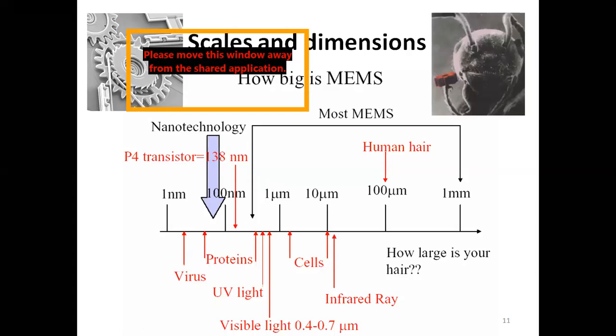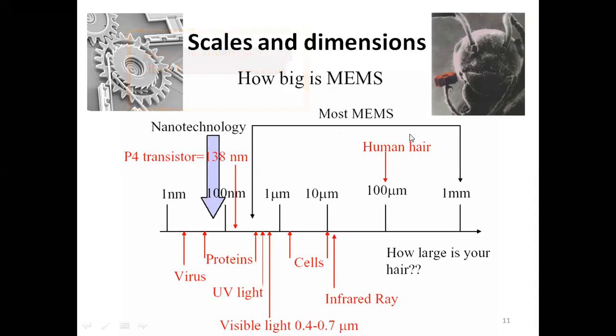That was the advanced technology at that time. Nowadays, we are working on 5 nanometer technology. So if you are working here, this is nanotechnology, and if you are working in this range, you are actually working in microelectromechanical systems.